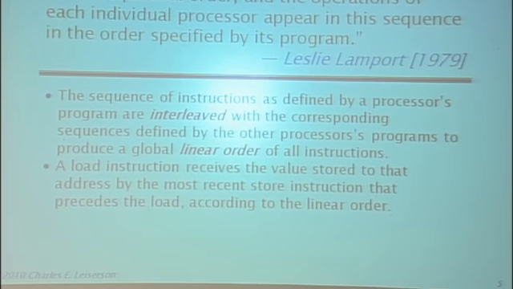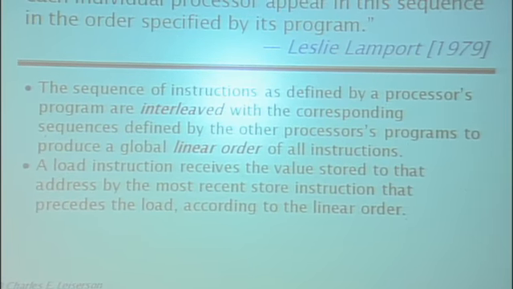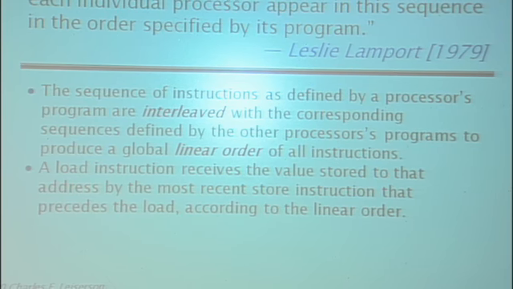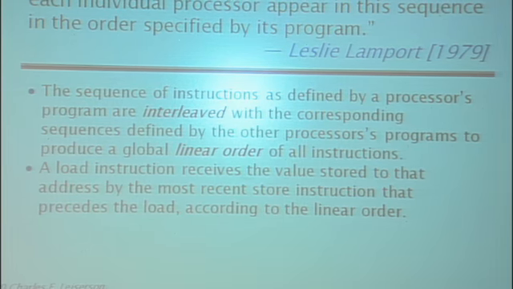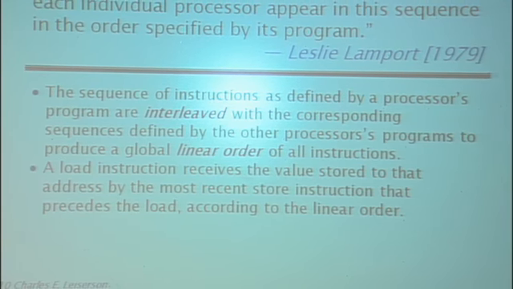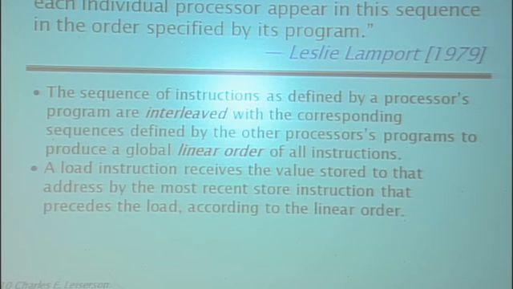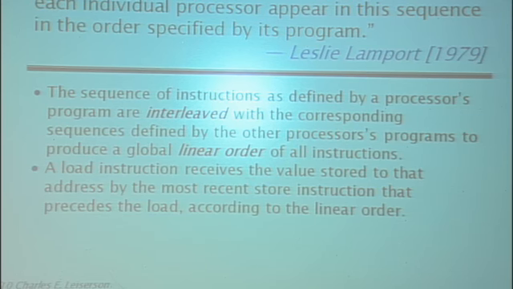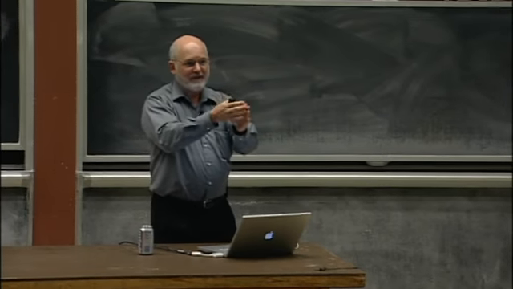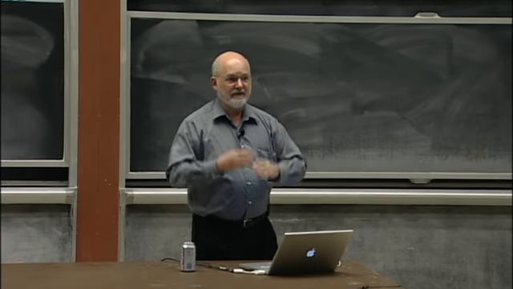In this linear order, whenever you perform a load from memory into a register, it receives the value that was stored by the most recent store operation in that linear order to that location, i.e. its memory. If two processors wrote, well, one of them came last. The most recent one before you read, that's the one that you get.